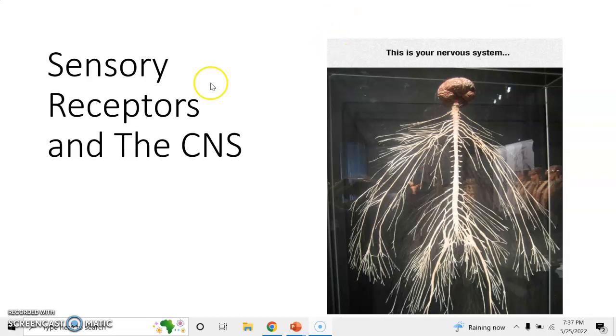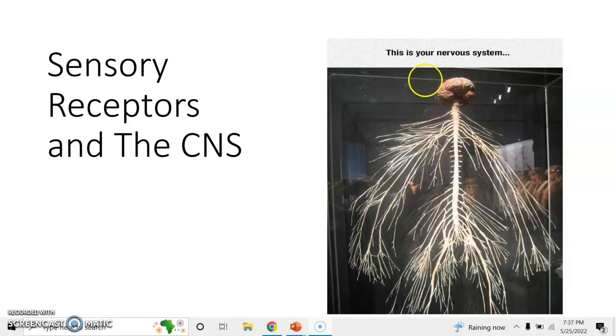Just want to comment on this photo real briefly because I think it's a really cool photo, and I think it's a really good real life depiction of the peripheral nervous system connecting to the central nervous system, spine, and brain.